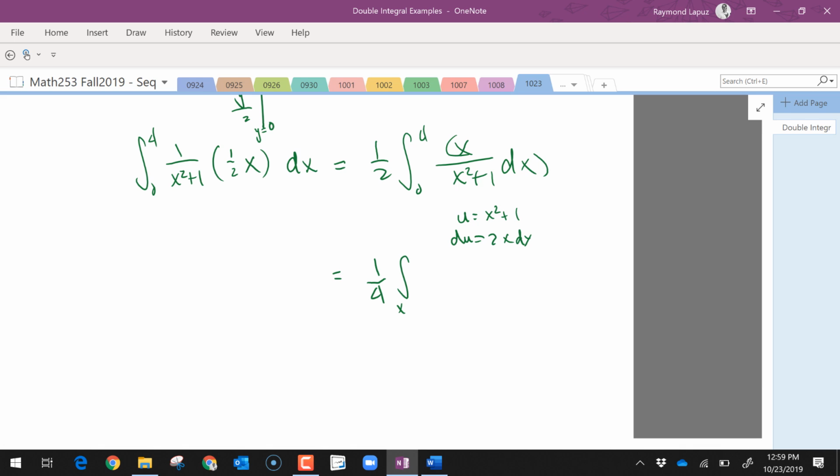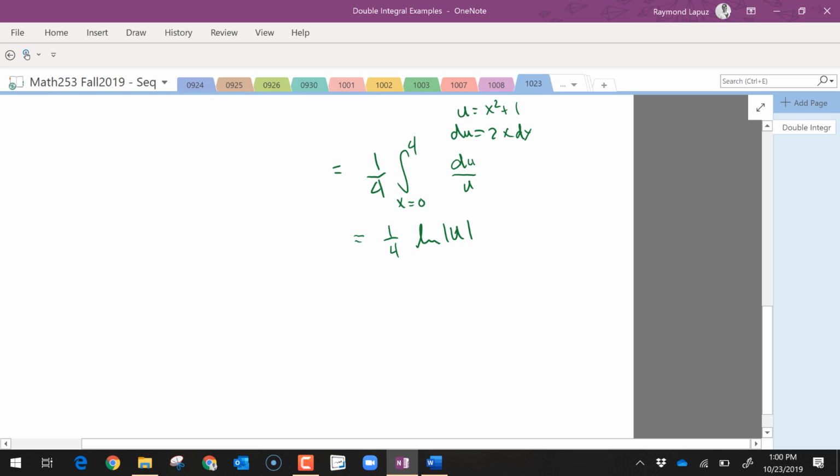0 to 4 we have. So let's keep it as x variables. And if that's always what you do, then you don't need to put x equals 2 here. But again, for myself, we have du over u. What's the integral of that? So ln of u. And then this is where we have the limits, but remember that the limits are x limits.